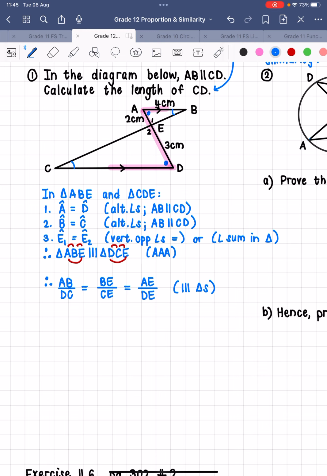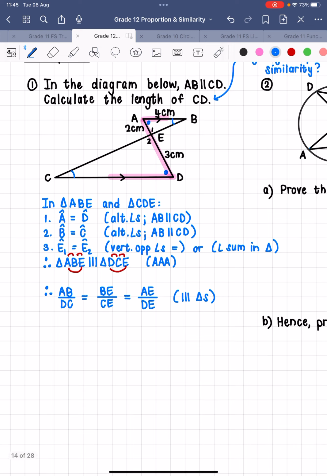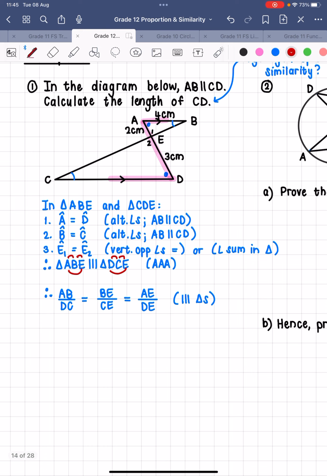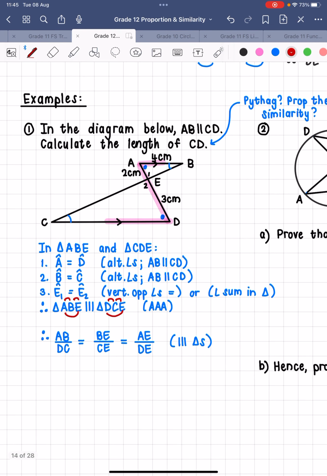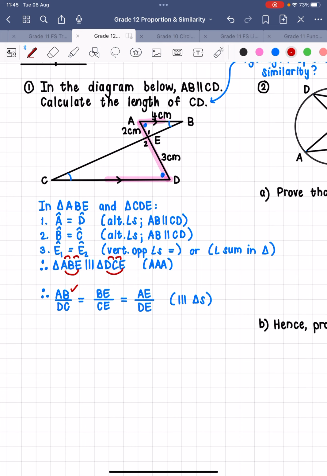Now guys, we might have to use all 3 fractions, but sometimes we might only need to use 2 of the 3. So let's quickly take a look. Let's look at our diagram, our picture, and tick off which lengths they gave us. So we have the length of AB, so I'm going to tick that we have to use AB.